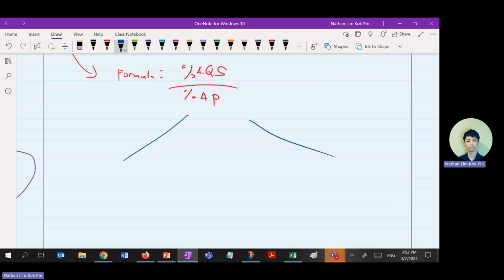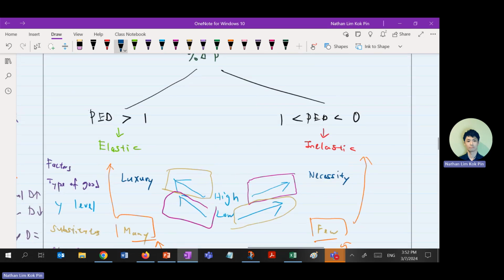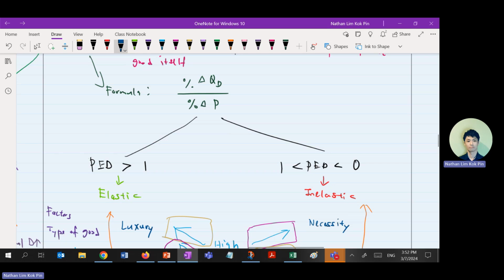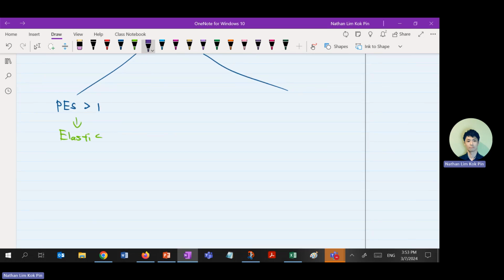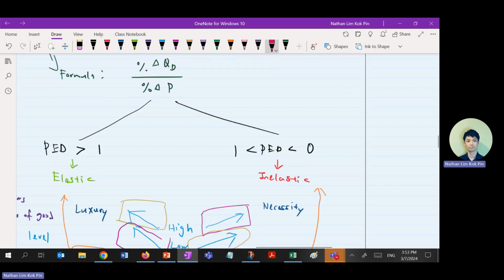I will just focus on the main ones, which are elastic and inelastic. Since just now I read elastic first, I will follow: PES greater than 1 shows it's elastic. PES between 0 and 1, wait, just now I put it wrongly.